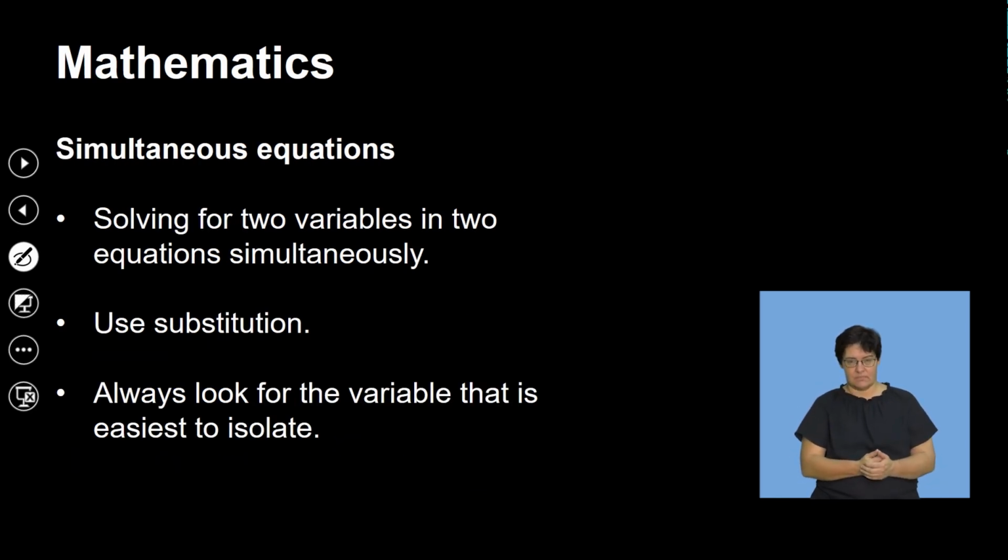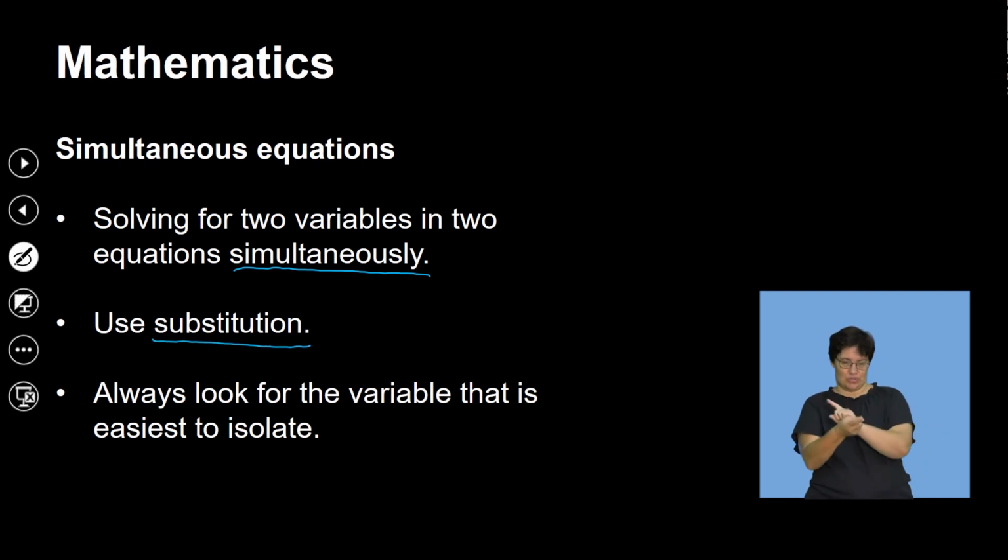Now, with simultaneous equations, it's when you are solving for 2 variables in 2 equations simultaneously. What does simultaneously mean? At the same time, concurrently, one after the other, right? And we normally use what we call the substitution method, right?